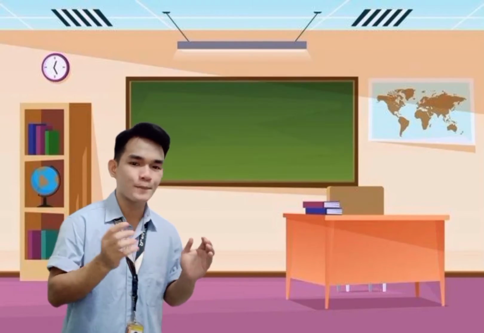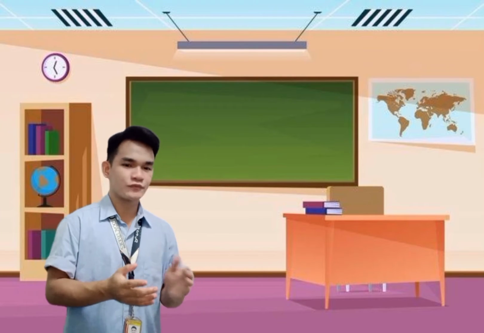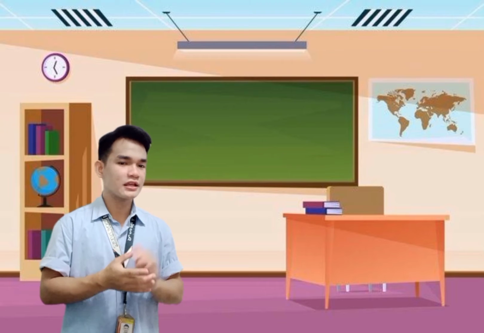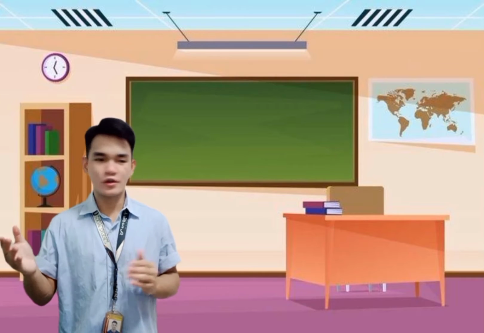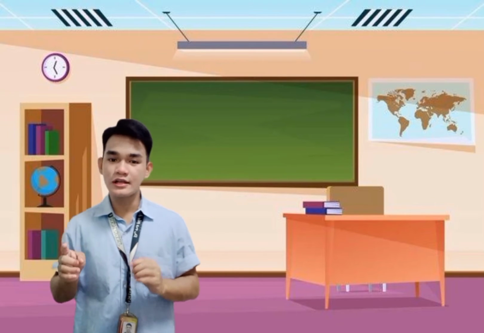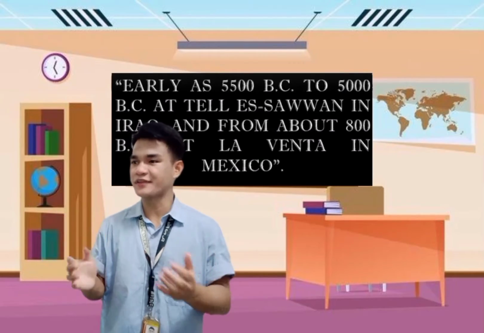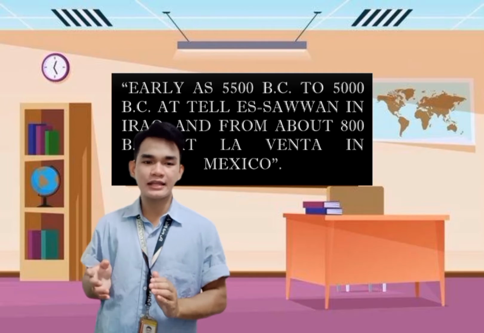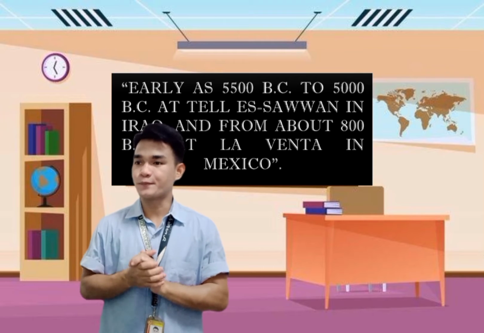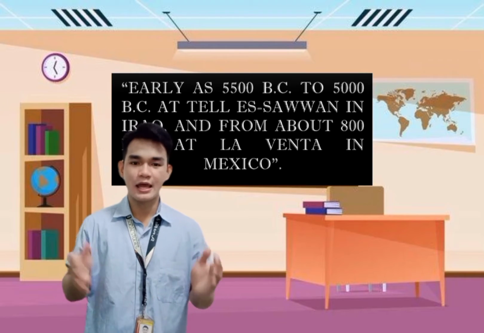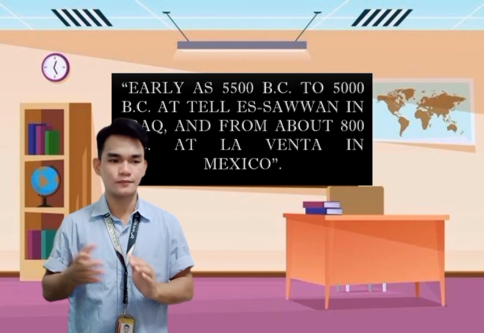If some people were buried with special objects such as jewelry and pots filled with food. For example, some but not all children's burials as early as 5500 before the Christian era at Tell Es-Sawwan in Iraq and from about 800,000 before the Christian era in La Venta in Mexico.